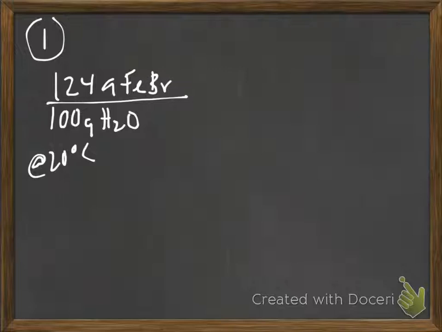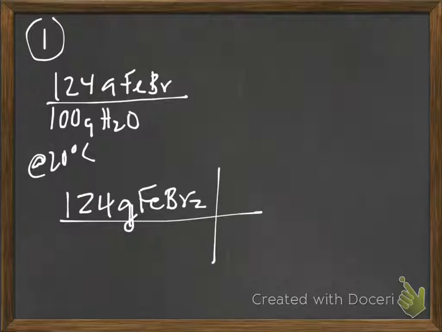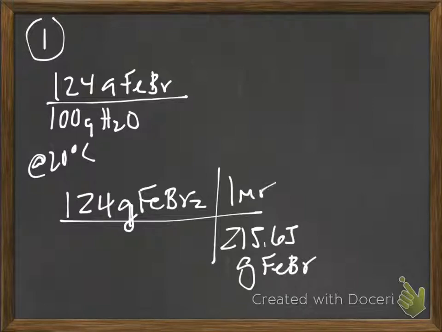Well, so if we had that, how many moles of iron 2 bromide is that? So iron 2 bromide is kind of heavy, 215.65 grams of iron 2 bromide in 1 mole.